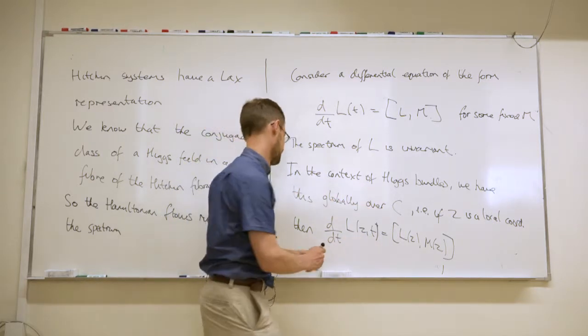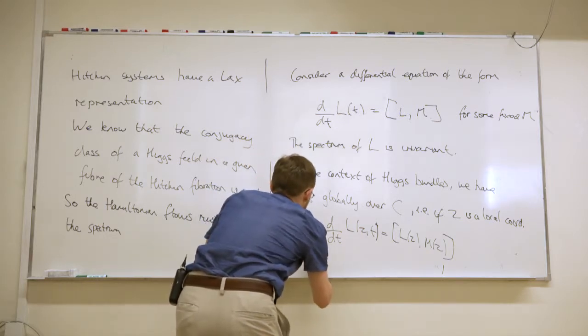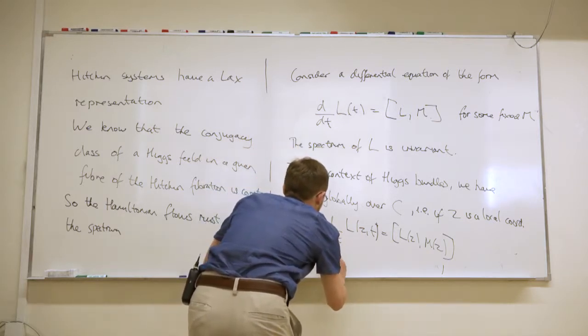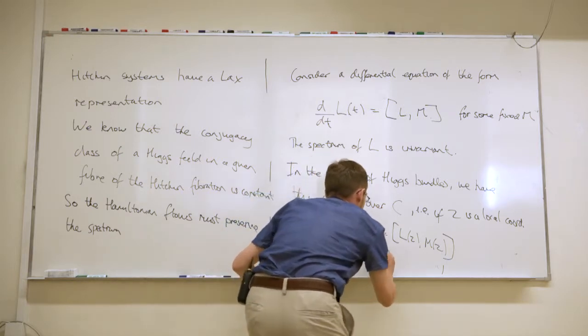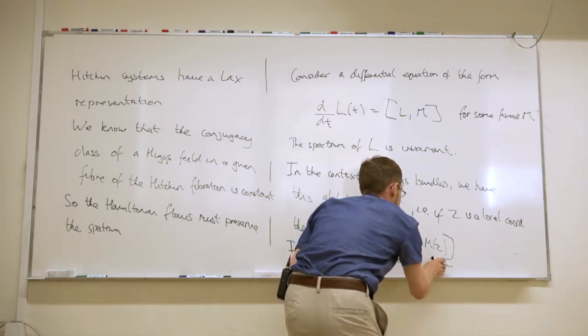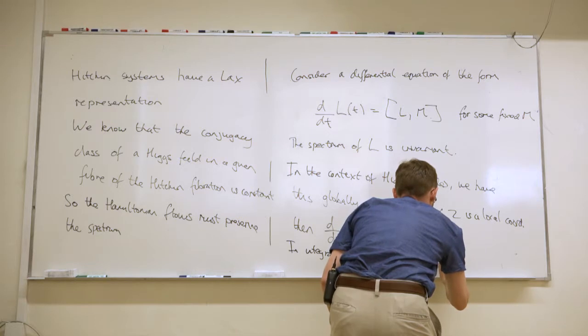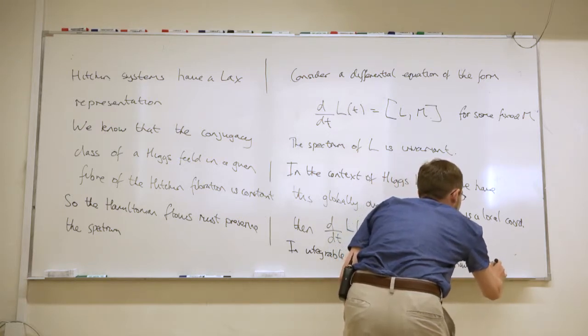In the integrable systems literature, you often have C as P1, at least secretly.